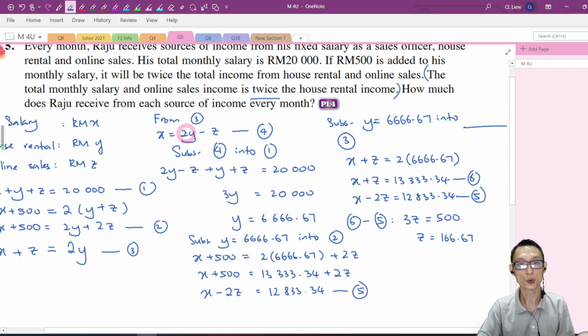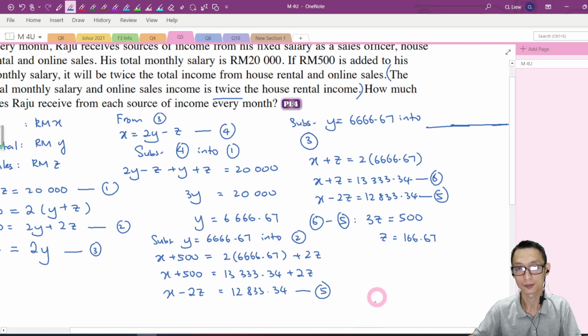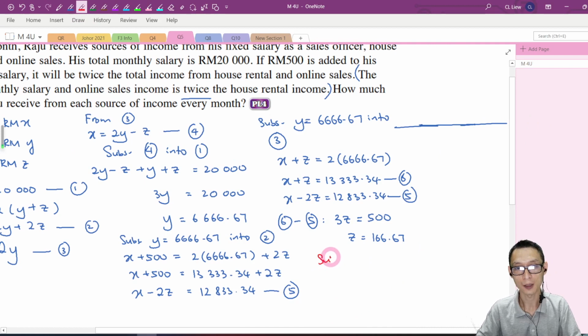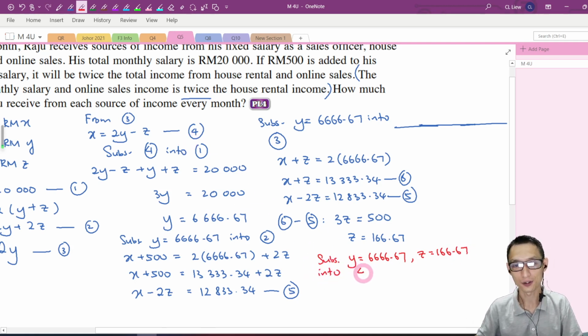Okay, x is equal to 2y minus z. I'm going to bring the value of y and z into here, and I'm able to get the value of x. Let me use another color. Substitute y is equal to 6666.67. z is equal to 166.67 into the fourth equation.